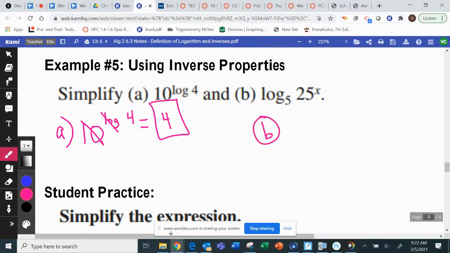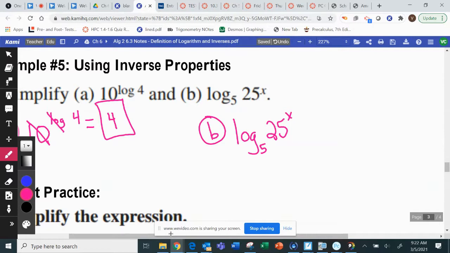Question B. Log base 5 of 25 to the x. I want the 25 to be a 5 so that it can cancel with the 5, log base 5. So I'm just going to make it say 5, but that means I have to change my exponent. 5 to the what is 25? 5 to the second.